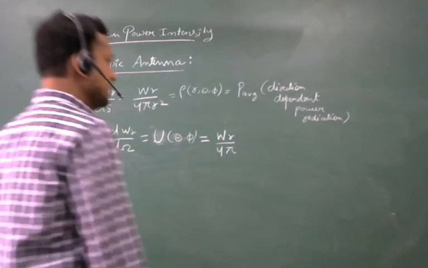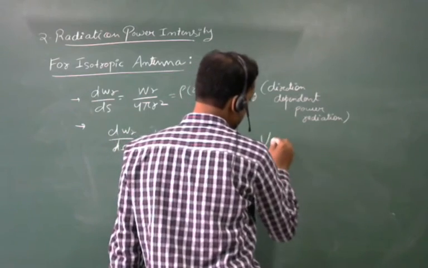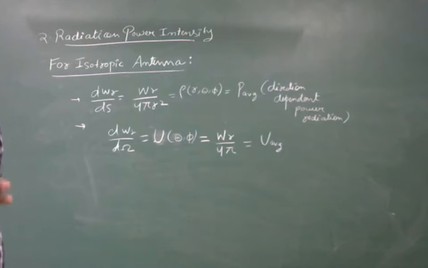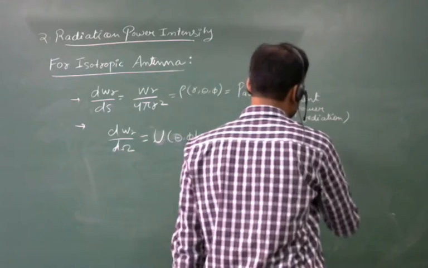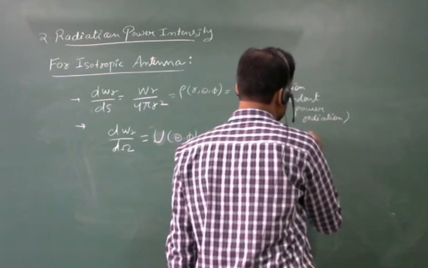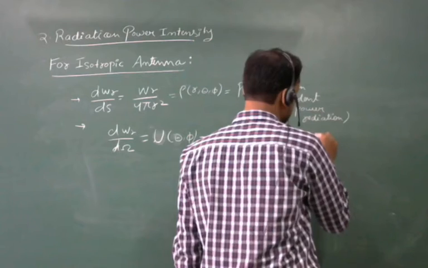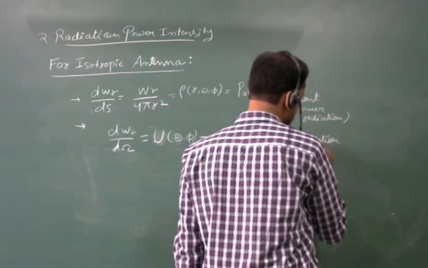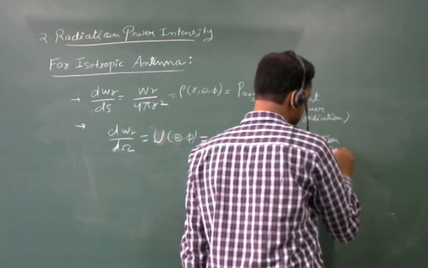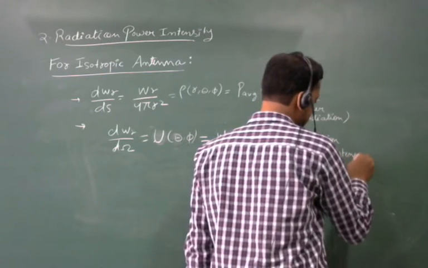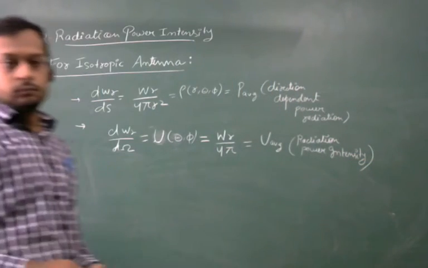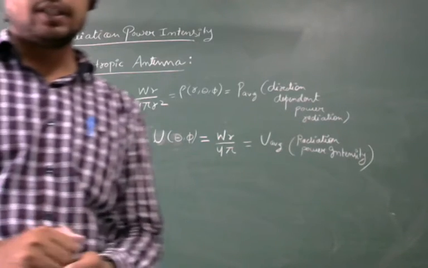So this can be written as U average, that is the radiation power intensity.